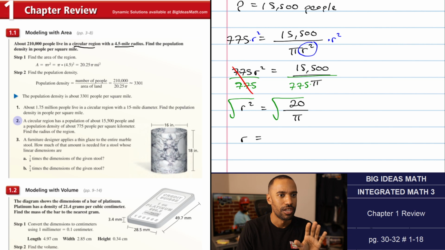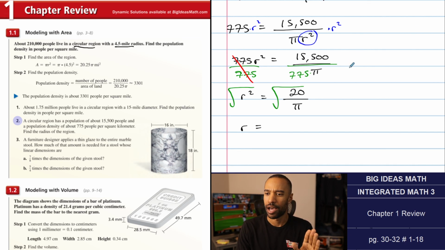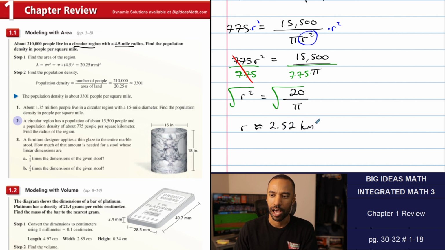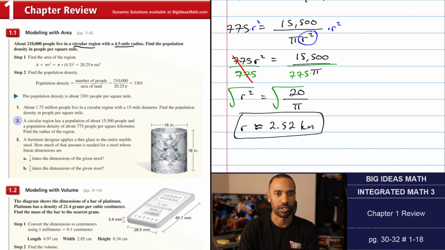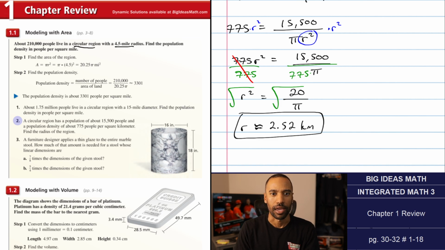Square root, second answer, 2.523. So I'm just going to go and round that. I'll say 2.52 kilometers, though, right? We're talking about a certain unit of measurement, and that's going to be our unit of measurement for that one. So in terms of kilometers there. Okay, so that is number 2.